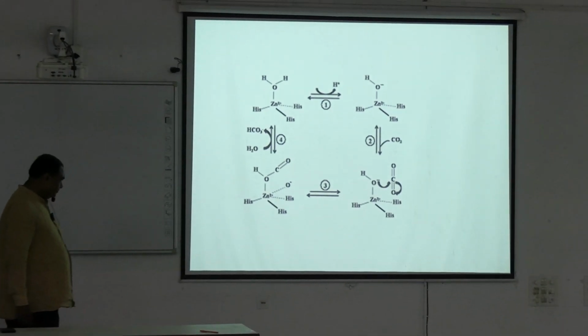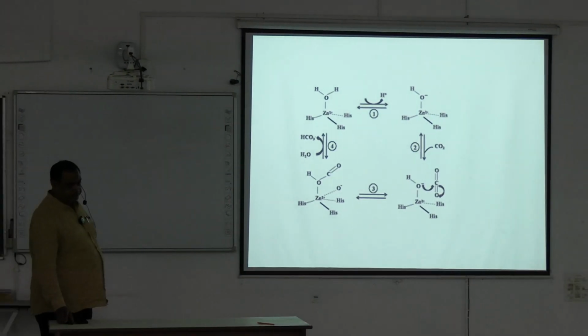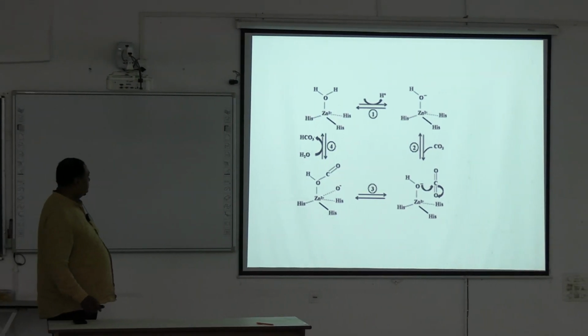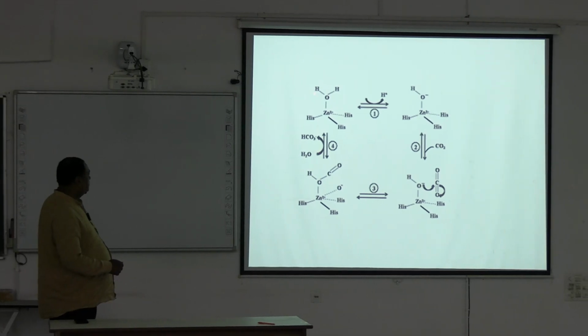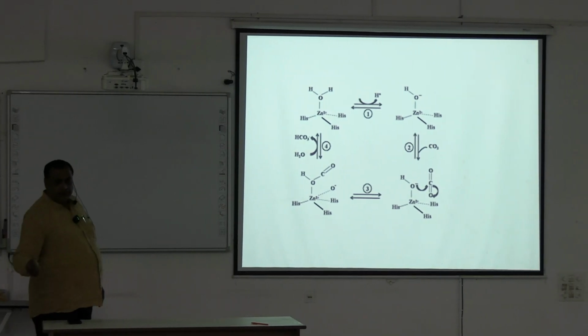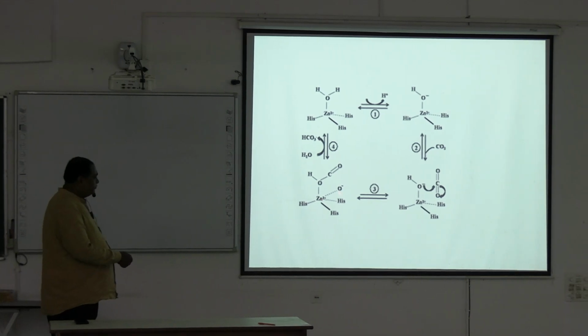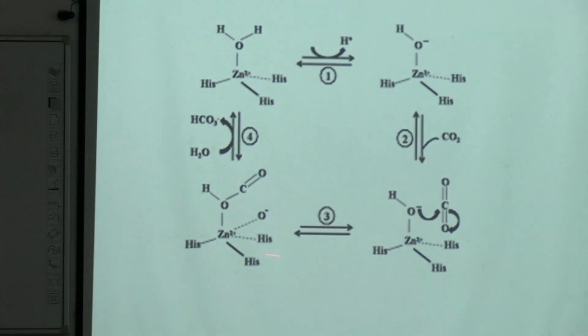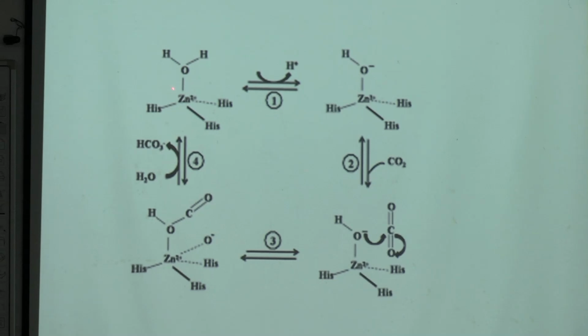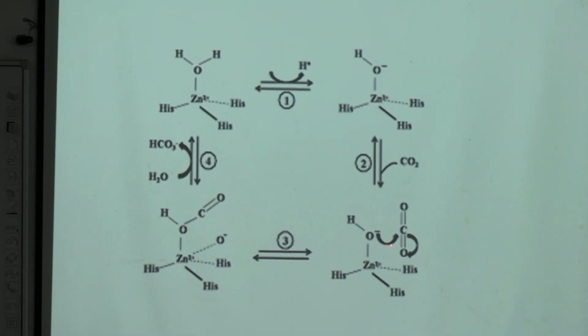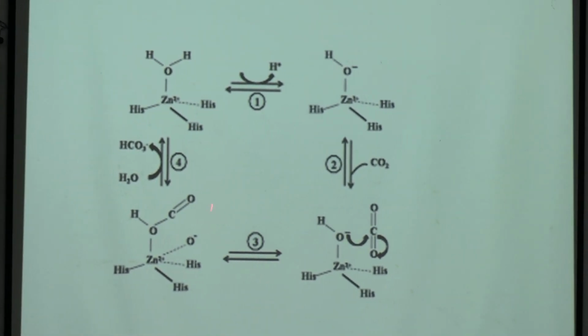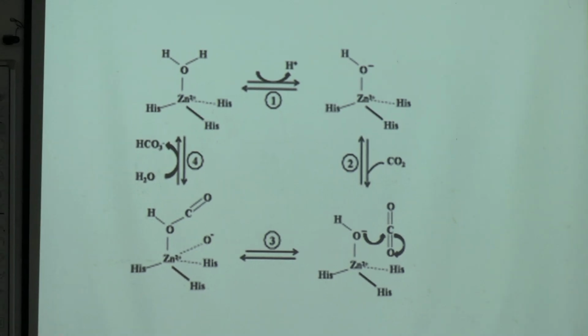This is an example of metalloenzyme, covalent catalysis. Zinc is a part of carbonic anhydrase. This zinc will hold the water first, then add the water to the carbon dioxide to form bicarbonate. Right?